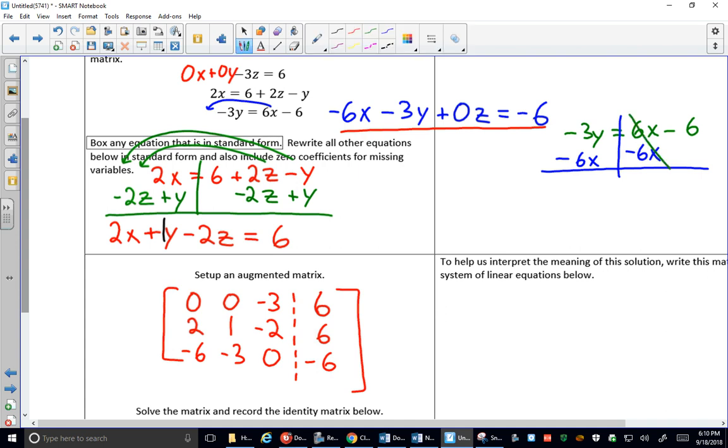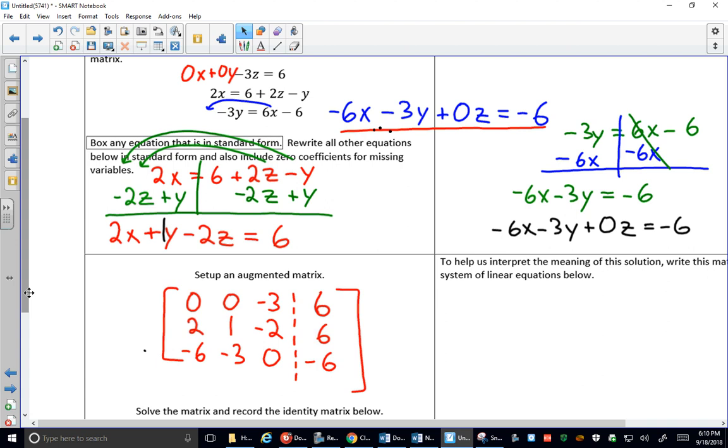So those cancel out, and so we get negative 6x minus 3y equals negative 6. But keep in mind, we're missing that z. So then I can write it like this, to help you see that last row. But if you can see it quickly and you can organize it like over here, then I definitely recommend that. It's a nice, easy way to go and doesn't take a lot of work.